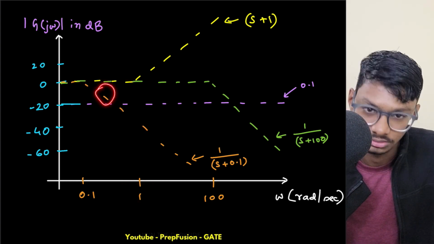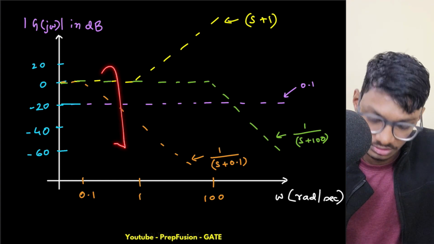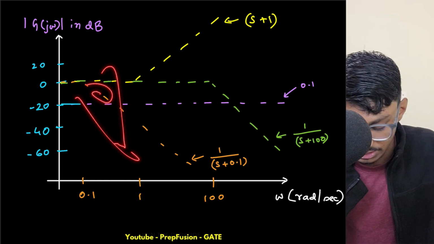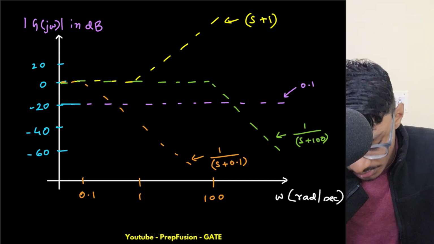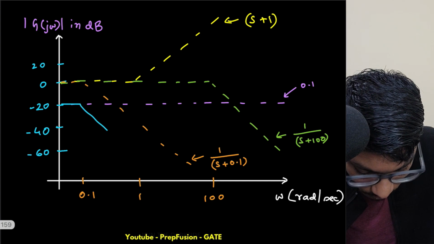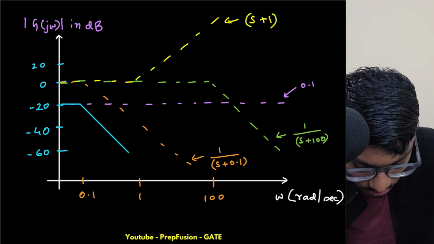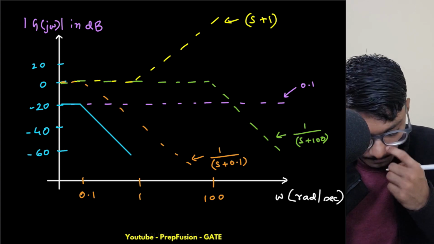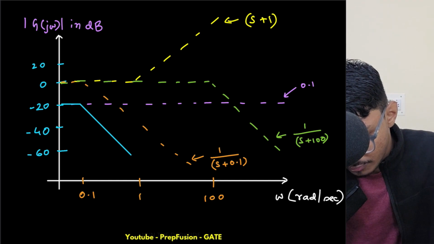These 2 slopes are constant. Obviously we are adding all this, so if you simply add all this, the slope becomes minus 20 per decade as the others have slope 0. So if I add all this, until 0.1 it will come to minus 20 dB per decade. Now what is happening after this?